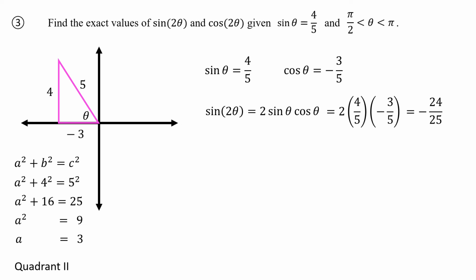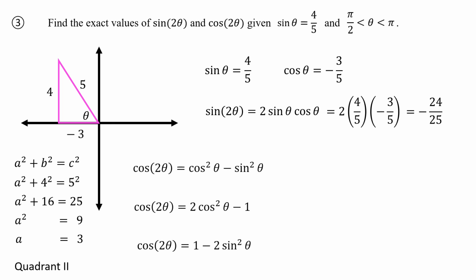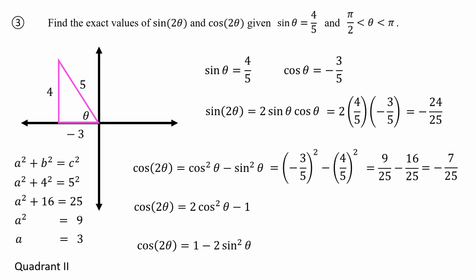A little more interesting because with cosine of 2 theta, you're like, are you going to be quadrant 3, which would be negative, or are you going to be quadrant 4, which is positive? I'm not real certain where this angle 2 theta is lying. I'm also not too certain which choice I should use for cosine of 2 theta. Trick question, it doesn't matter. I can plug in my values for cosine and sine into any one of the 3 options, and I will get a value of negative 7 over 25.